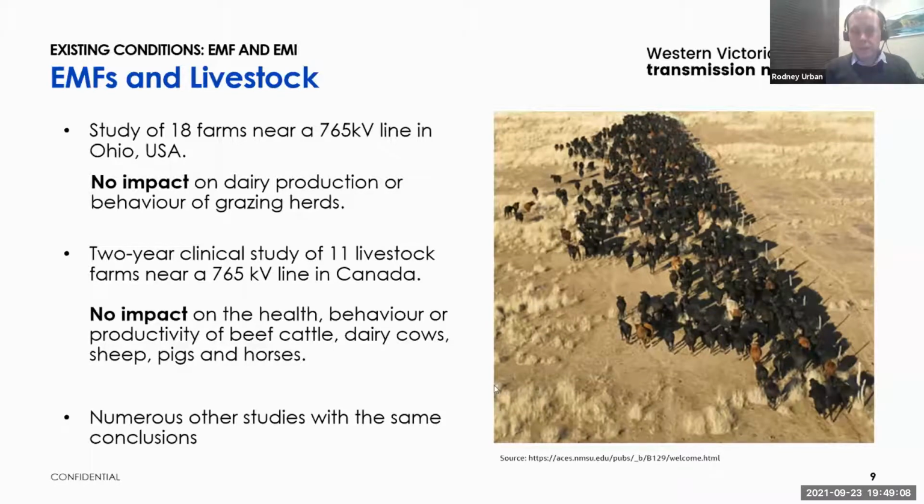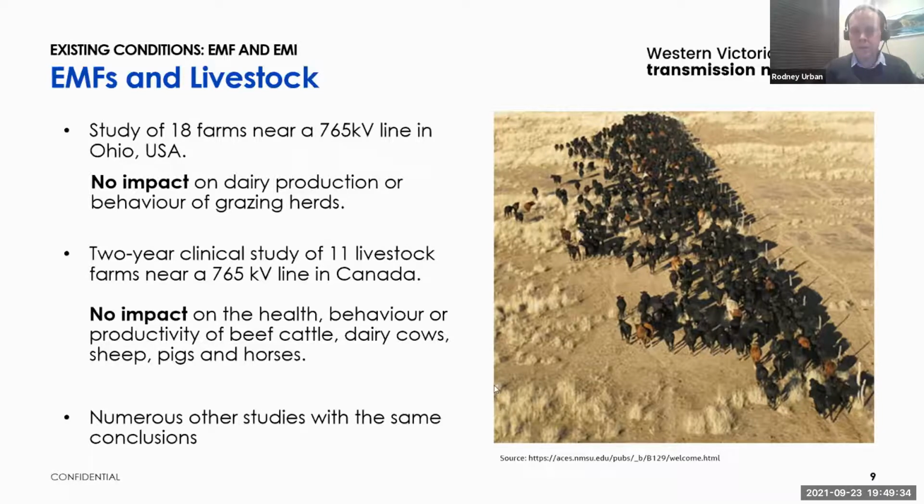There was also a 2-year clinical study on 11 livestock farms, again under a 765. So these are the highest voltage lines that are generally used across the world, and so have quite significant electromagnetic fields associated with them. This was a study in Canada, and again, no health effects. This specific study in Canada was also a little bit wider.